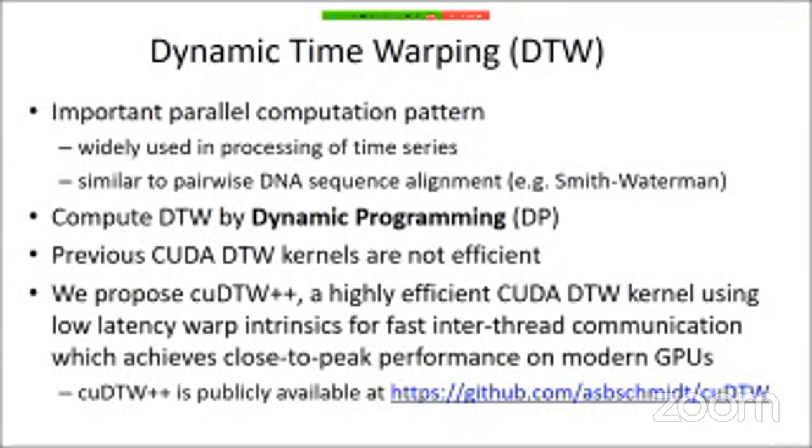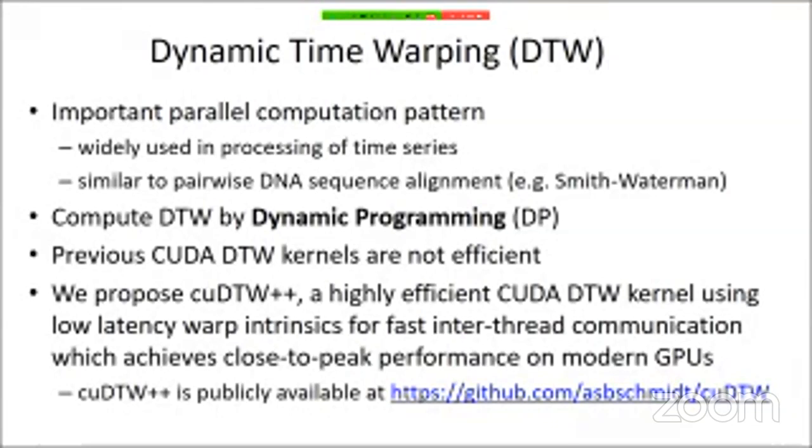So let's start with a bit of background about dynamic time warping, or DTW. It is an important computation pattern, or parallel computation pattern, widely used for processing time series. The basic algorithm finds the optimal alignment of 2 time series.